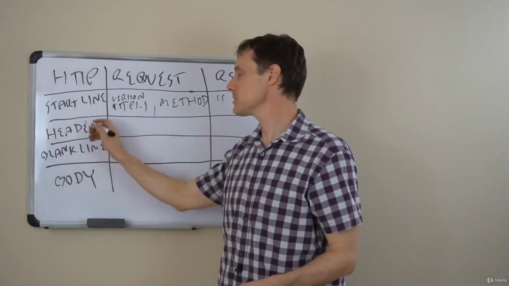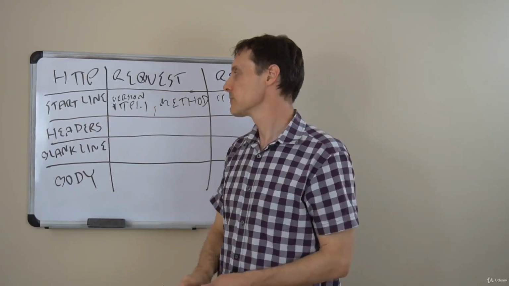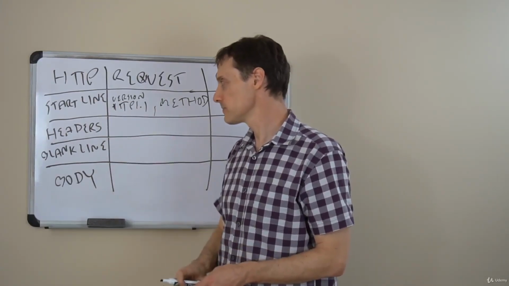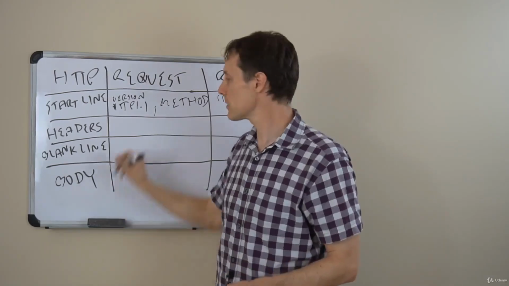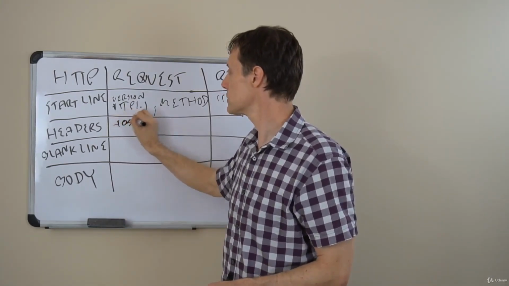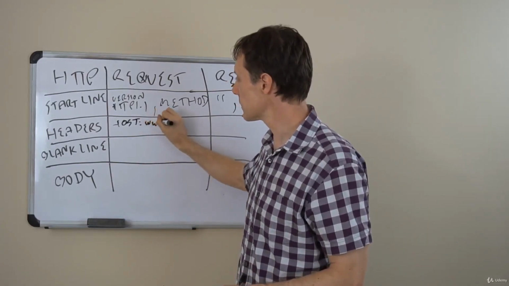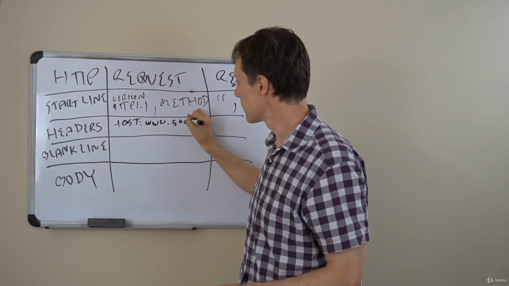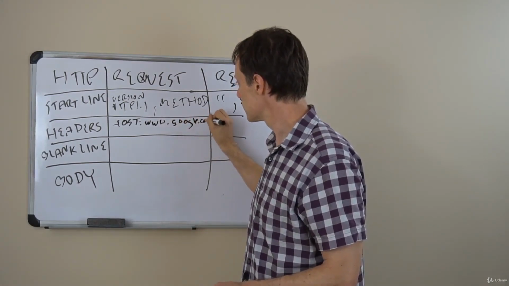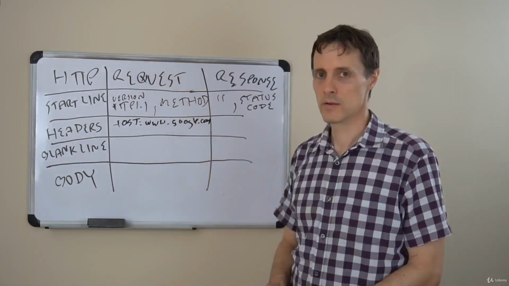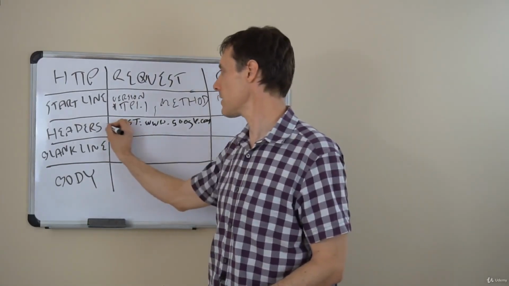Headers. This is additional information other than the start line. So an example of a header is a host. This is where you specify the URL domain. For example, www.google.com. So host is a header.